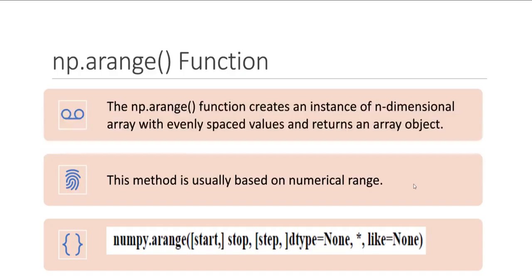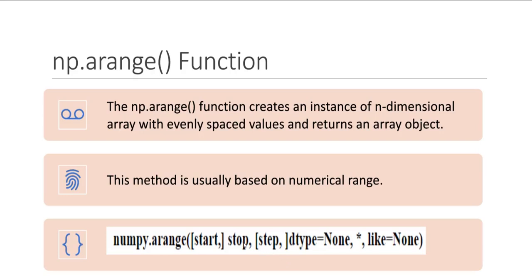Now we will learn the next method of array creation, that is the np.arange function. The NumPy arange function returns evenly spaced numeric values within an interval that are stored as a NumPy array. Here is the syntax of the numpy.arange function, and there are a set of parameters that enable you to specify the exact function. numpy.arange is the function name, and the very first parameter is start.